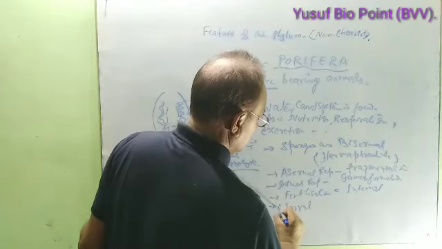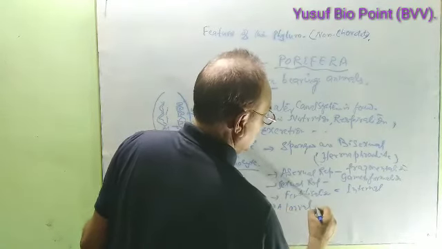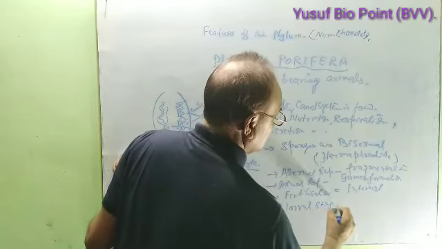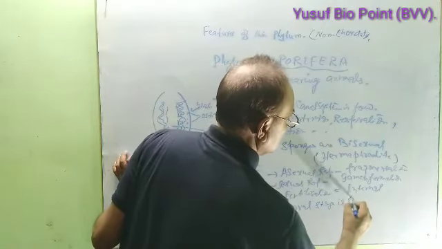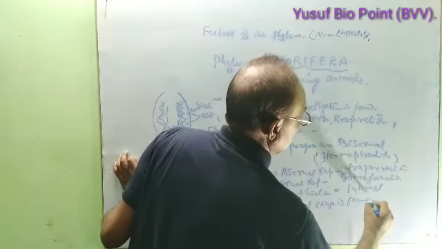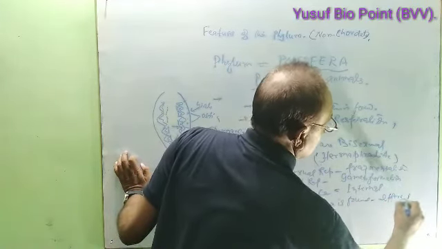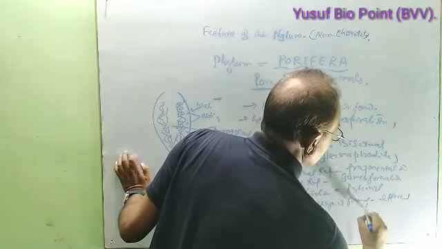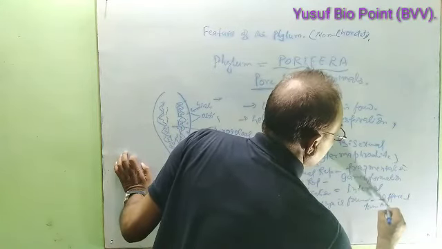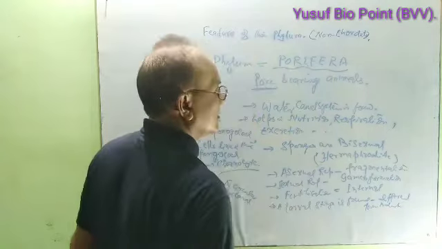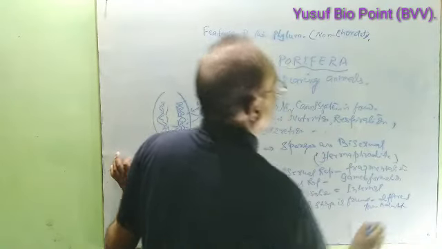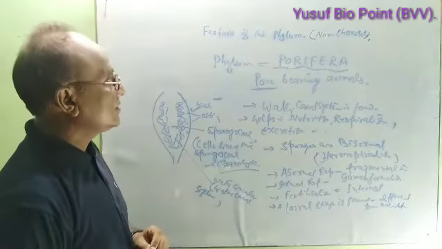After the zygote, a larval stage is found. It is different from the adult.